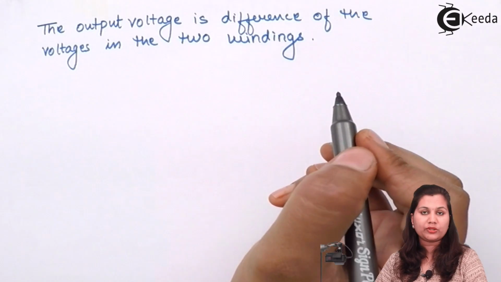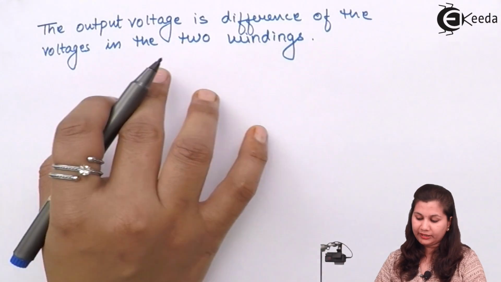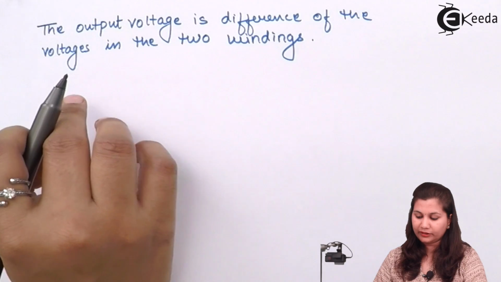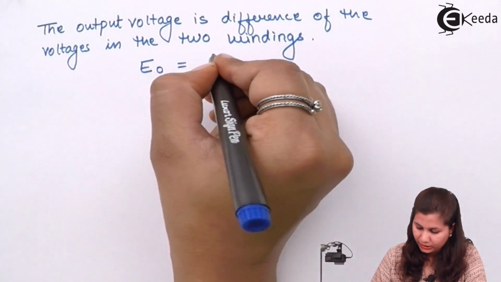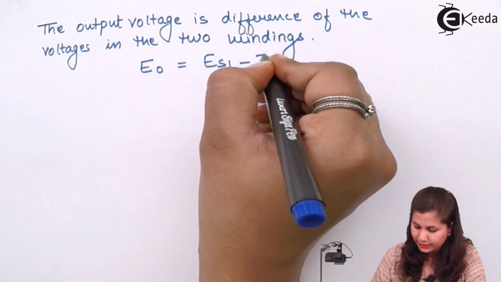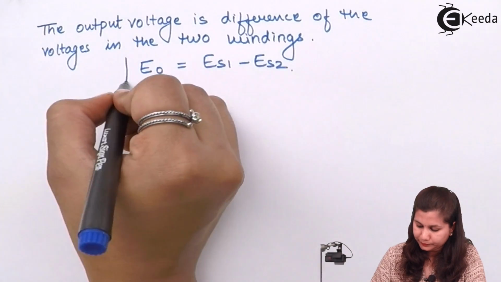So the output voltage we get from the LVDT is the difference of the voltages in the two windings. So E0 will be equal to ES1 minus ES2.